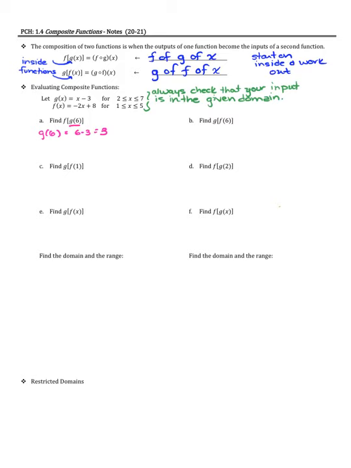Then we move to the outside function. So f of 3, and 3 is inside the domain of f, so we're good to go. Negative 2 times 3 plus 8 gives us an answer of 2. So f of g of 6 equals 2.